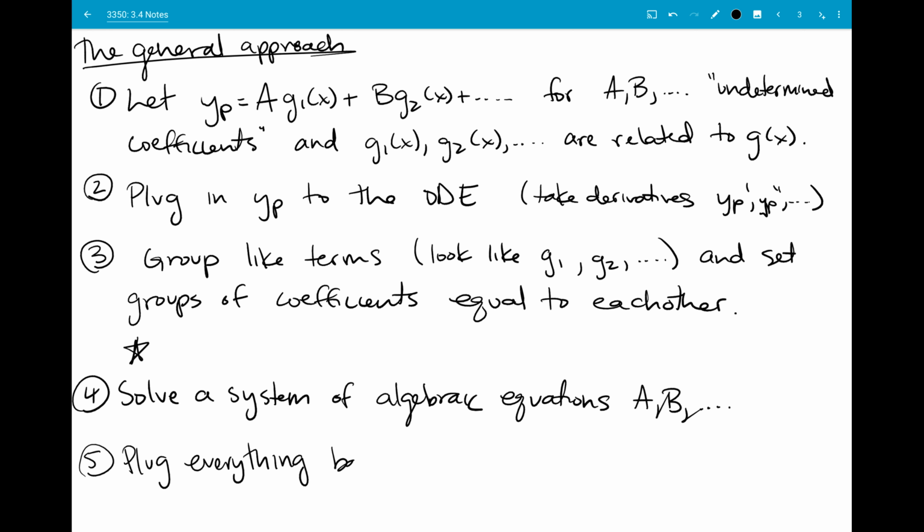And then you just have to plug everything back in so that you have your yp equal to A G1 plus B G2, and so on. So the way it's going to work is that you'll assume the yp has a shape depending on these G1, G2, and then find the constants that make that true. And then once you know those constants, you know what yp is, and you've finished your task, basically.